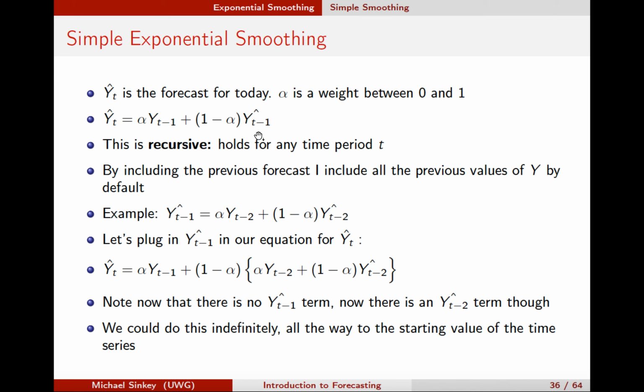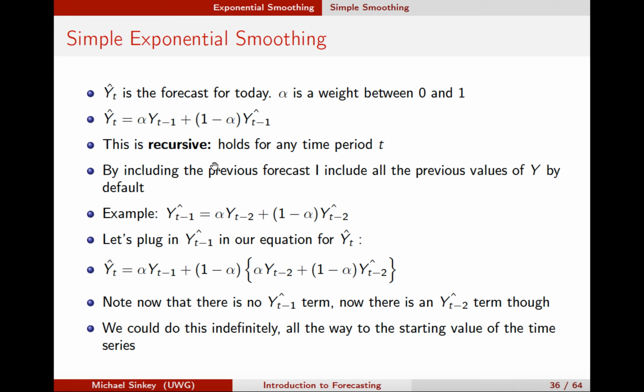So, how did I make the forecast yesterday? The same mechanism. I used the data from 2 periods ago and the forecast from 2 periods ago. So YT minus 1 hat is the same formula as YT hat. We just used the same approach, just for a different period.